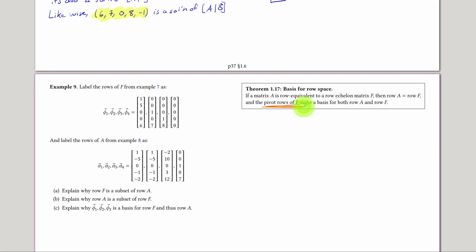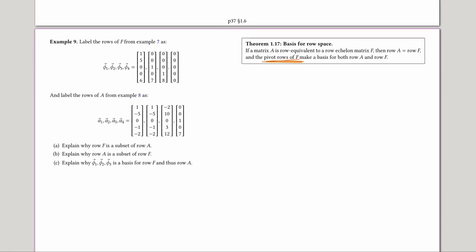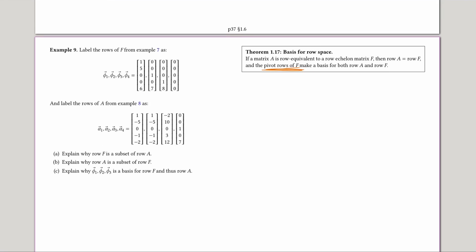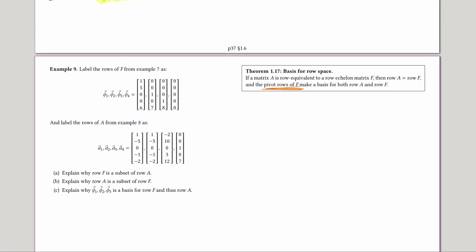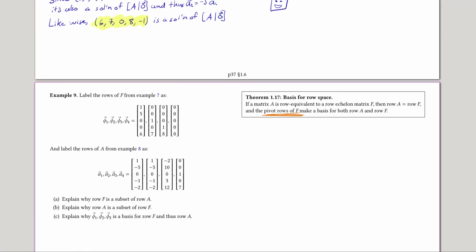Okay, so we're just going to use one example as an illustration of why this theorem is true. And it's still the same matrix F and A from before. I'm just going to take a quick screenshot so we have a reference to see why we're using this notation.